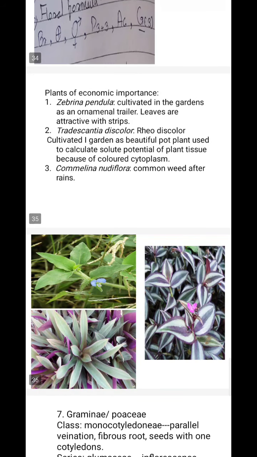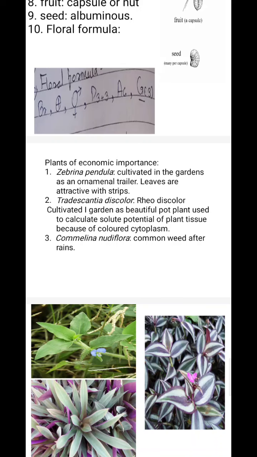Then write down the floral formula and give some other economically important members, that are Zebrina pendula, Tradescantia discolor, and Commelina nudiflora. So I hope all of you understood this family Commelinaceae.